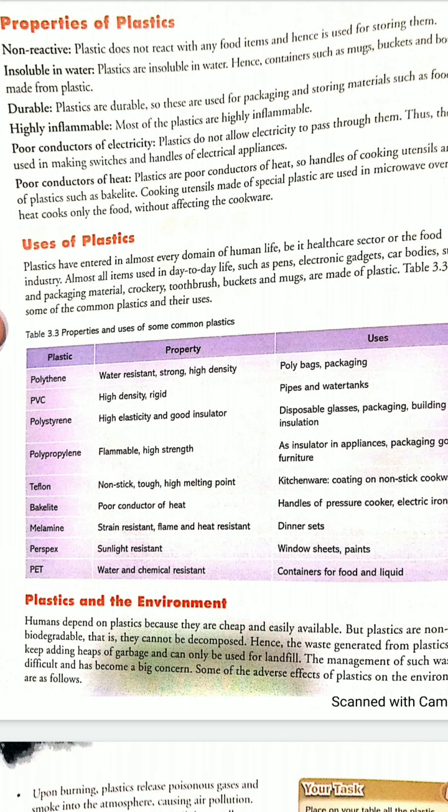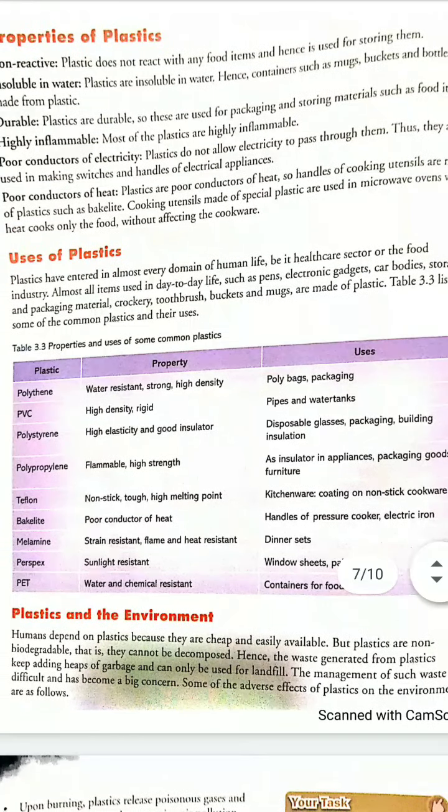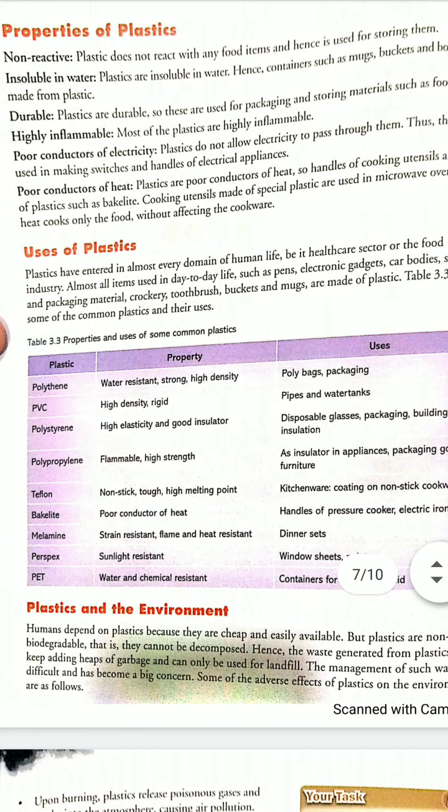The third property of plastic is they are durable. Durable means they can be used for many purposes and have a long lasting age which can be used for a long period of time. Highly inflammable means the plastics will not catch fire as soon since they are poor conductors of heat.